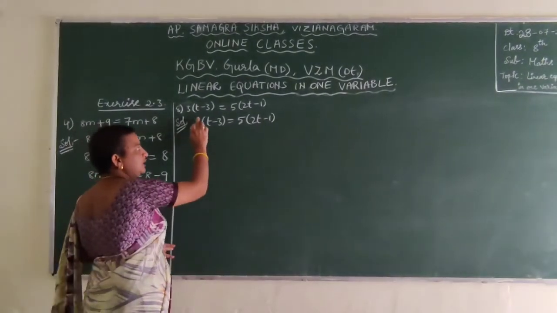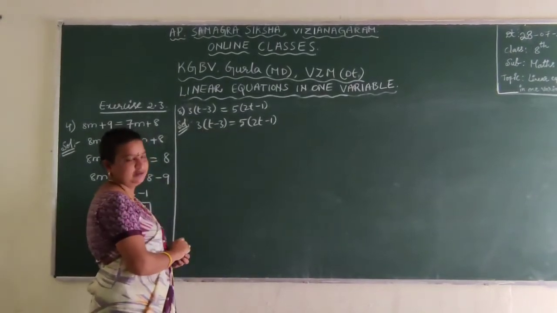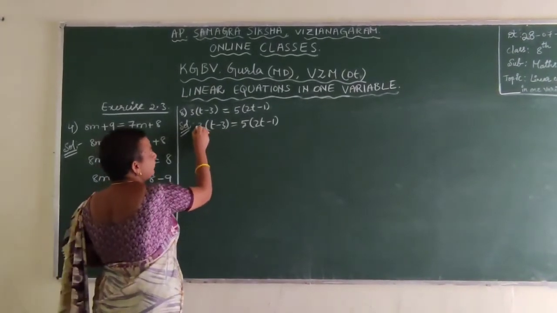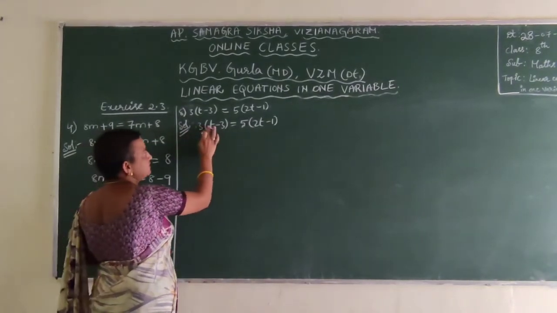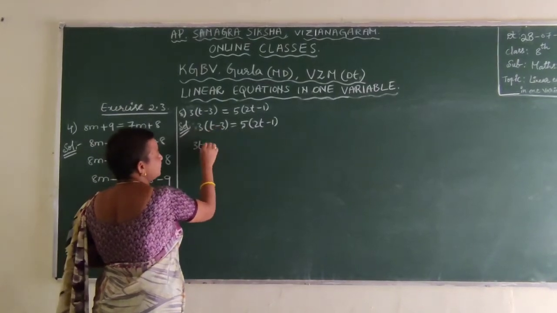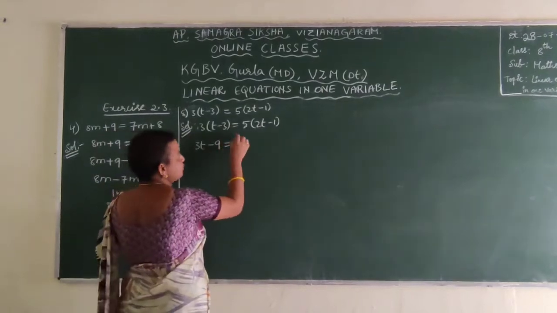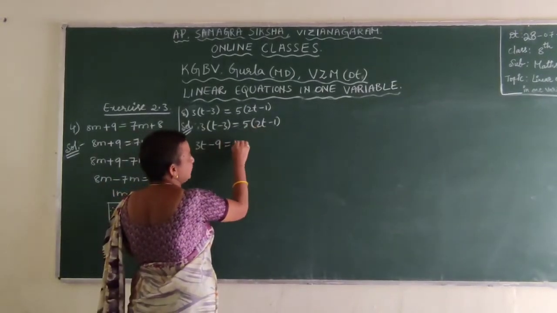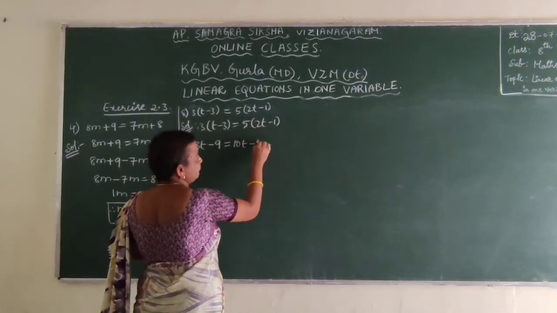So you have to multiply 3 to the binomial t minus 3. So 3 plus, there is a sign plus. Plus into plus, 3 into t, 3t. Plus into minus, 3 into 3, 9. Is equals to 5 into 2, 5 twos are 10t, plus into minus, 5 ones are 5.